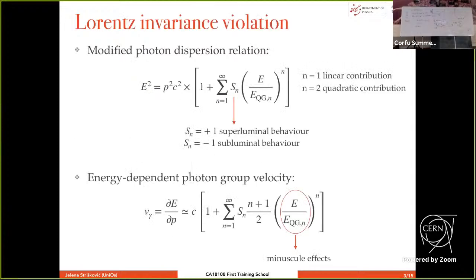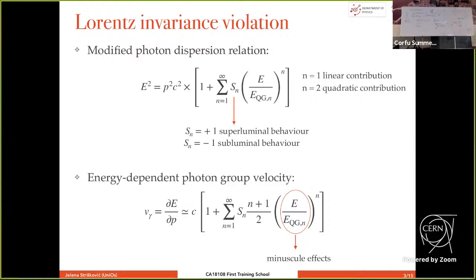So without going into any underlying theories, when we want to constrain Lorentz invariance violation using very high energy gamma rays, we start from this modified photon dispersion relation, as we already saw. This E represents the energy of very high energy gamma rays.